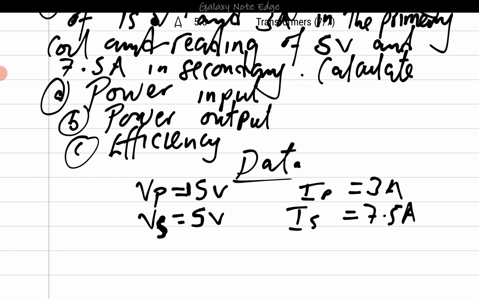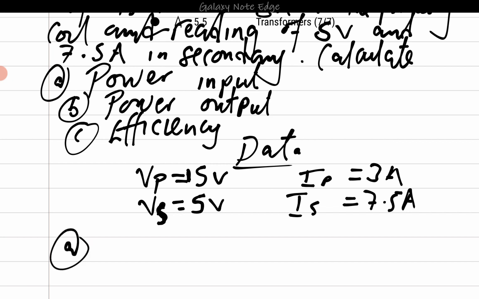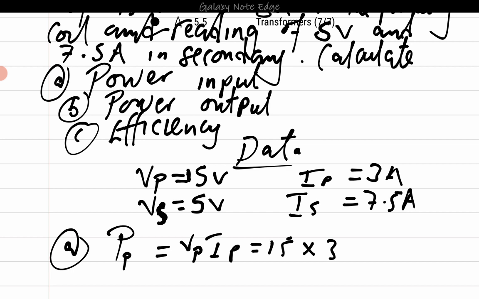So we are asked to calculate the power in the input. So power in the input is power in the primary, which is equals to VP IP, giving us 15 volts times 3 amps. That is going to give us 45 watts.